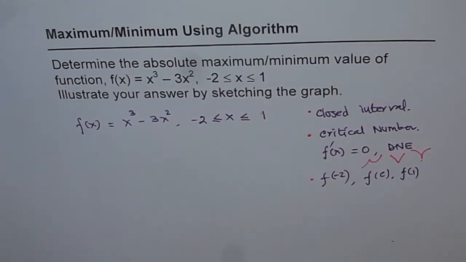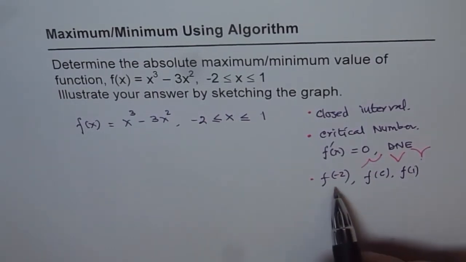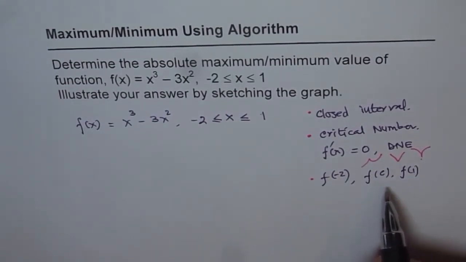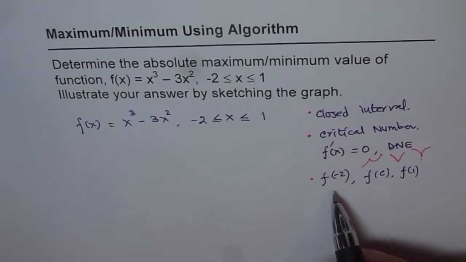Those are the points you have to check. Just evaluate their values. Whichever is maximum, that is the absolute maximum. Whichever is minimum, that is the absolute minimum.